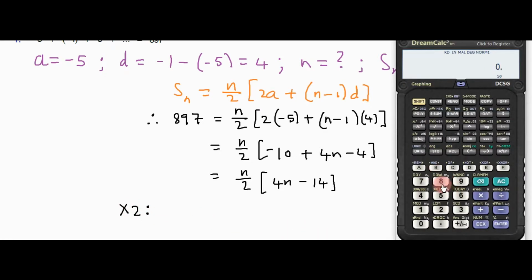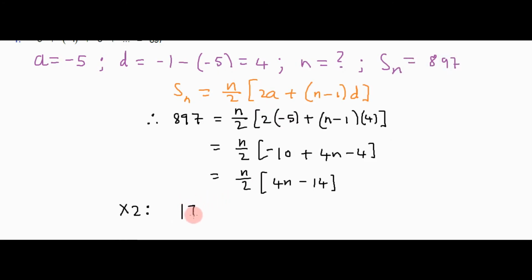So on the left-hand side, we have 897 multiplied by 2, 1794. So 1794 equals, on the right-hand side the 2's cancel when we multiply through by 2, so we're left with n into 4n minus 14.